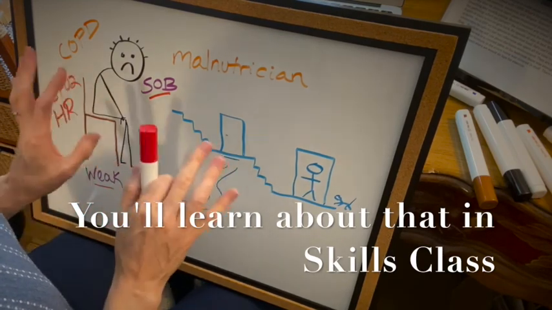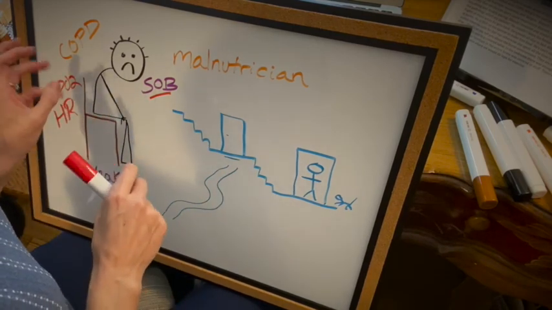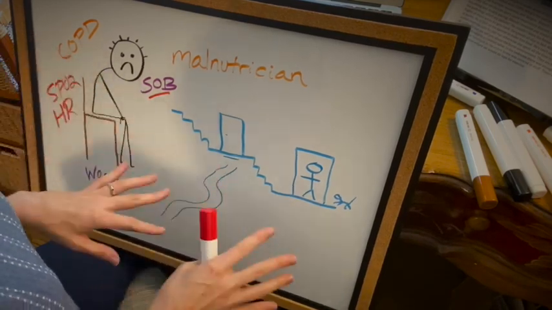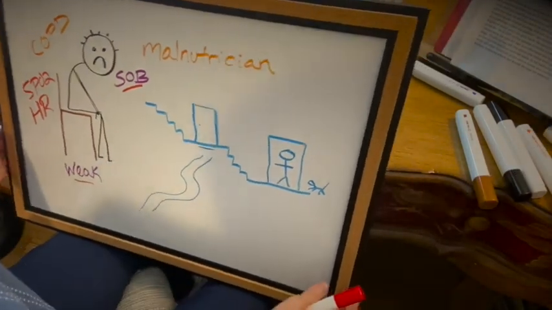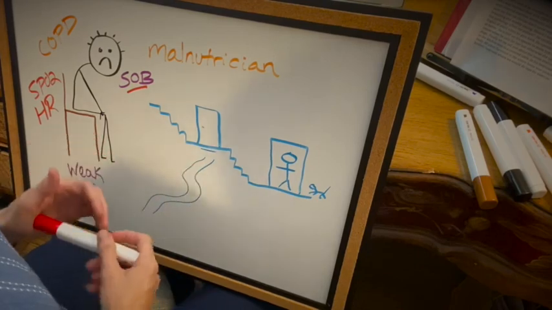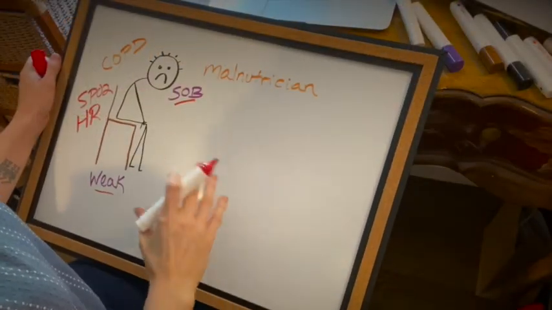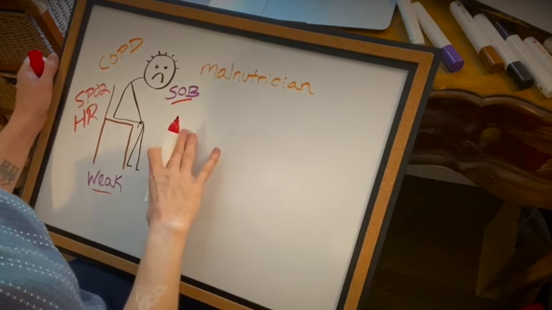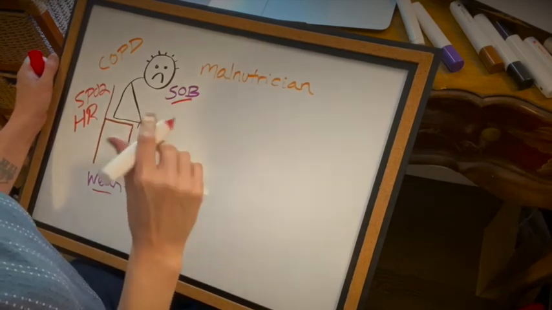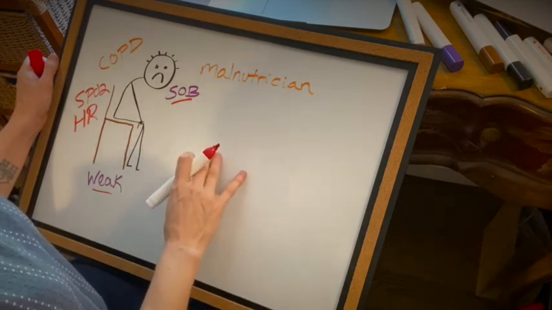So, as I mentioned, he couldn't leave the house because he's just too weak to make it up the flight of stairs, and he's too unsteady to go down as well. So, he would spend all of his time in home, dependent on his spouse for everything. Remember when I mentioned the stages of grief? He was still sort of in his denial phase, and he was also in his anger phase. And I'll say this about anger is it can be a useful energy as it was with this patient.